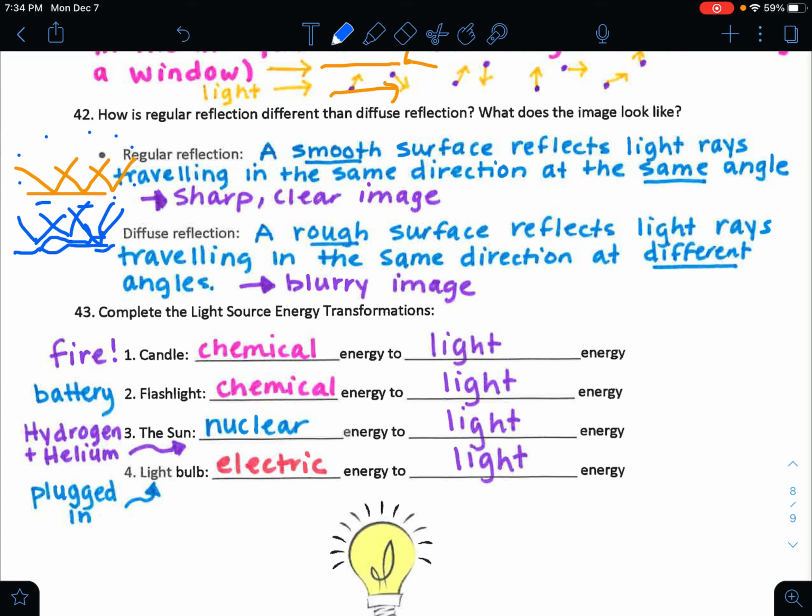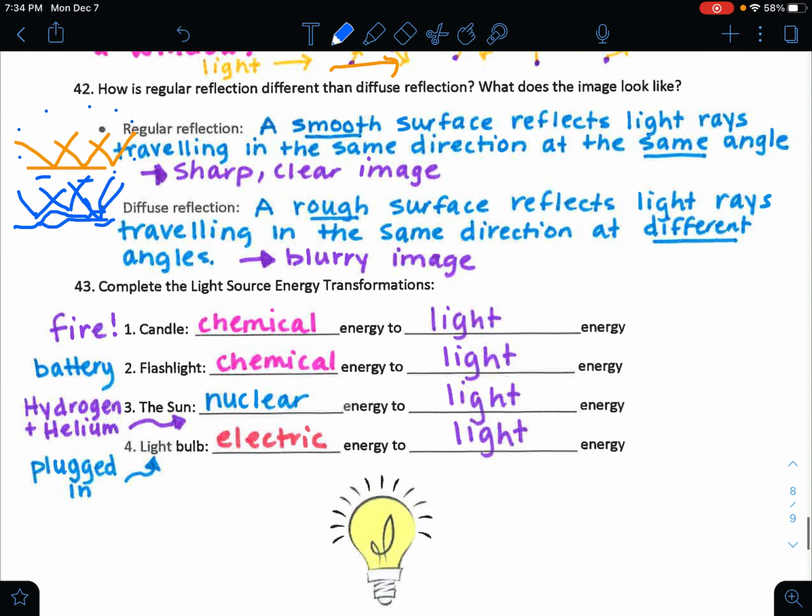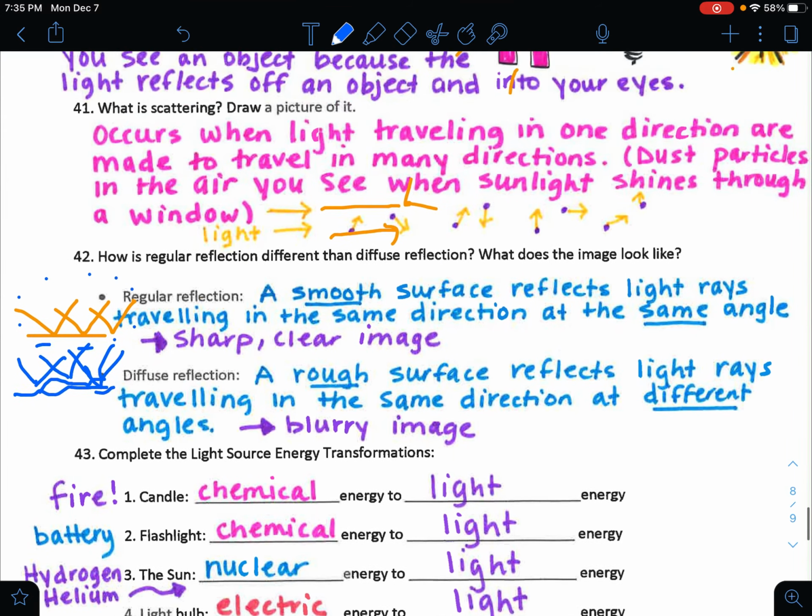So a flashlight, that battery is stored chemical energy that when you turn it on produces light. We have nuclear, that's that hydrogen and helium fusion, produces an enormous amount of light. And then a light bulb, or anything that's plugged in, like a lamp, is going to produce electric to light energy.